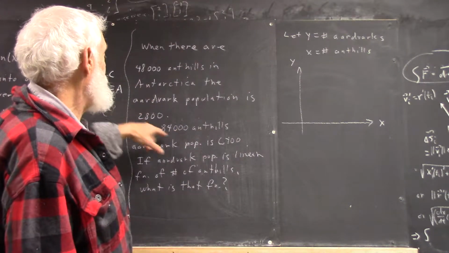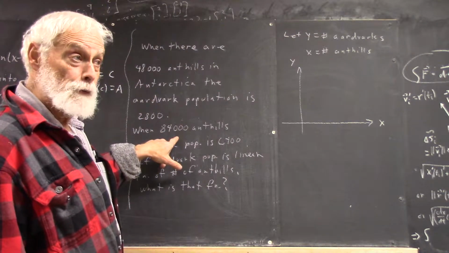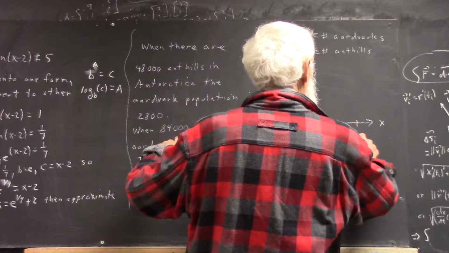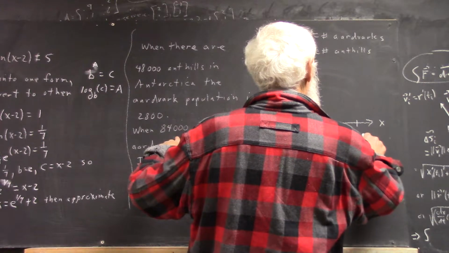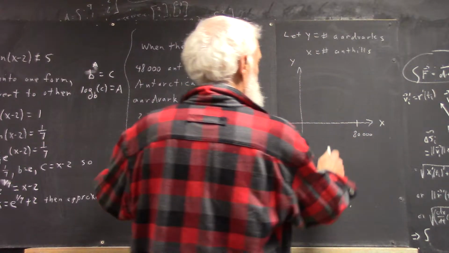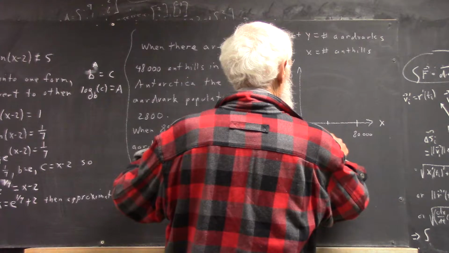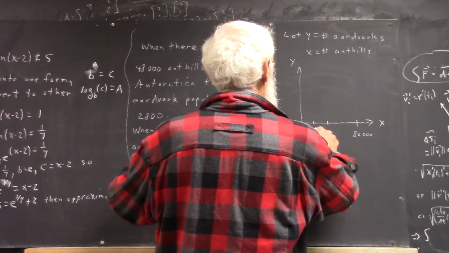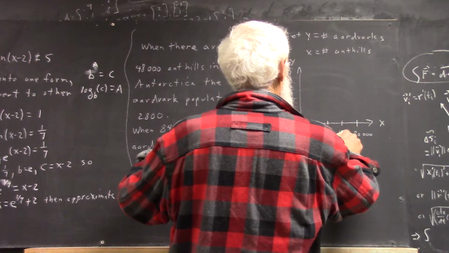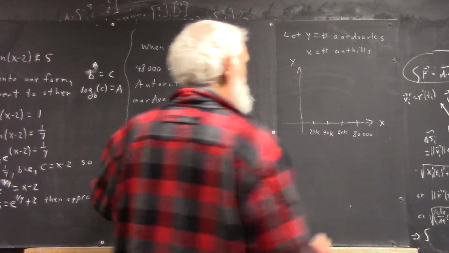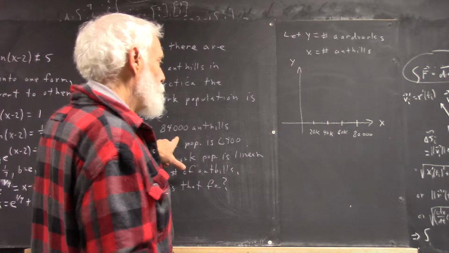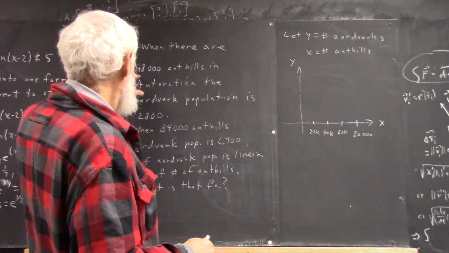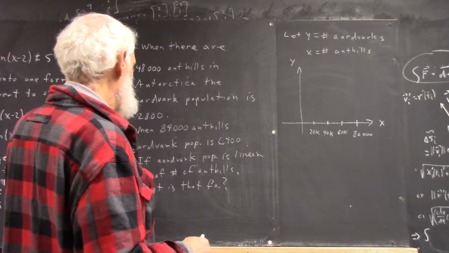First we've got to get a scale. This goes up to 84,000, right? So 8 is an easy number. So I'll just put 80,000 here so I can cut that down to 40. I'll use 40K for 40,000, 20K for 20,000, 60K for 60,000, okay? And 84,000 is just going to be a little past 80,000. So that's anthills, and aardvarks go up to 6,400.